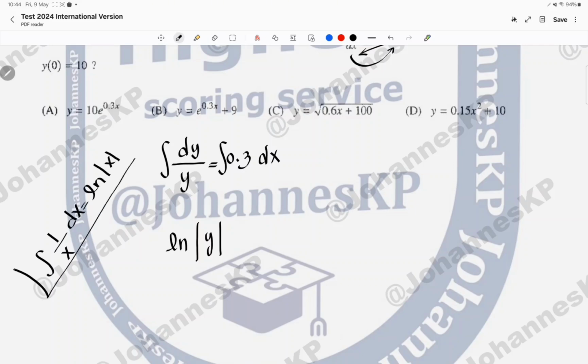That's the rule that you have to know. And the integral of 0.3, when you integrate a number k, you get kx plus c. That means I have to add to the 0.3 an x plus c.